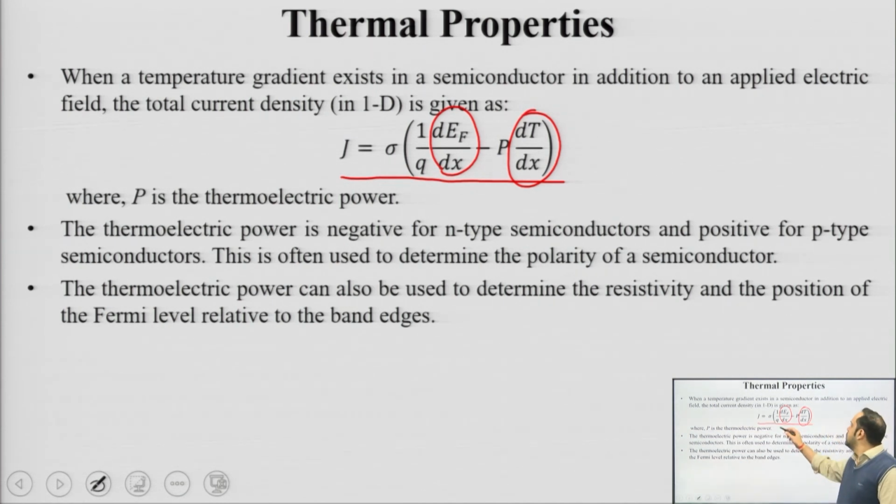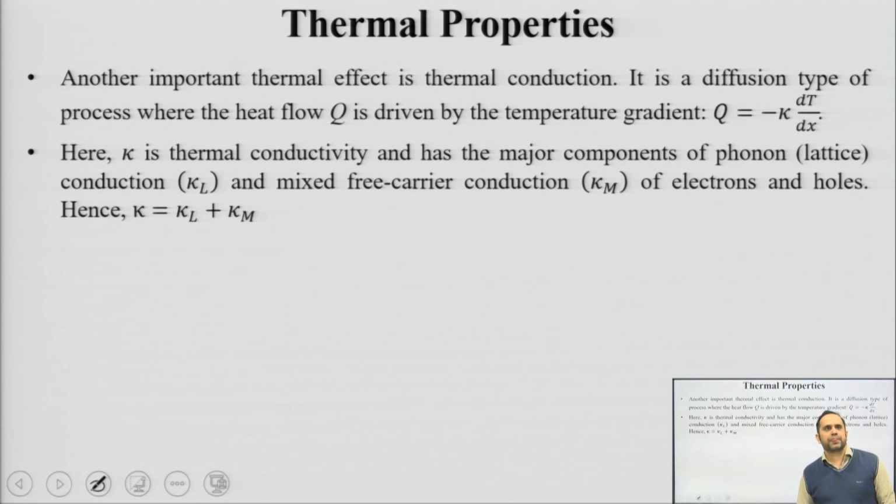If you have conductivity, you can determine it from here, and the reciprocal of that becomes resistivity, and also the position of the Fermi level with respect to band edges. Between Ec and Ev, you can measure the position of the Fermi level.